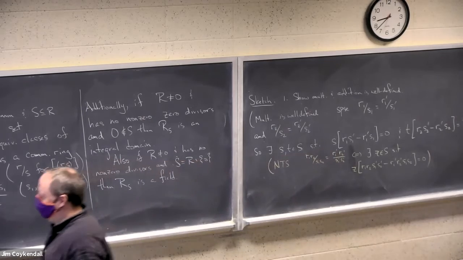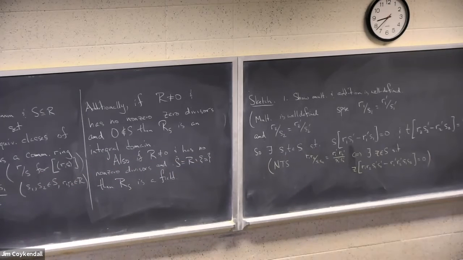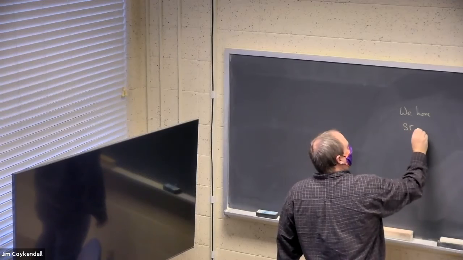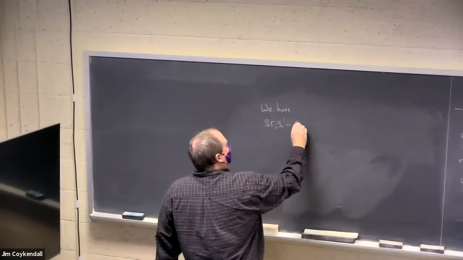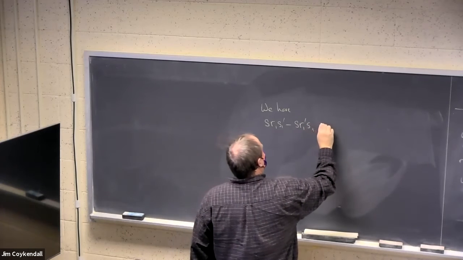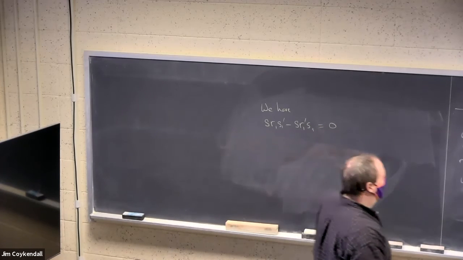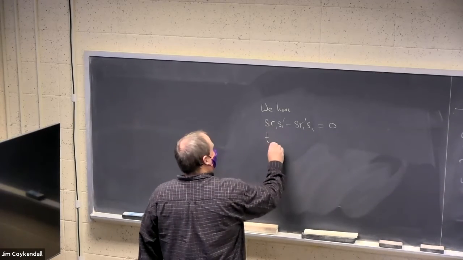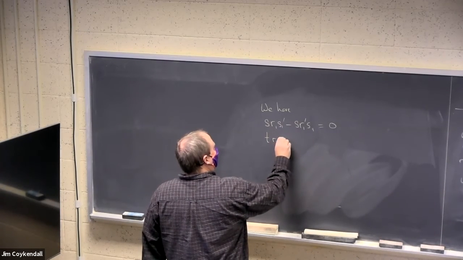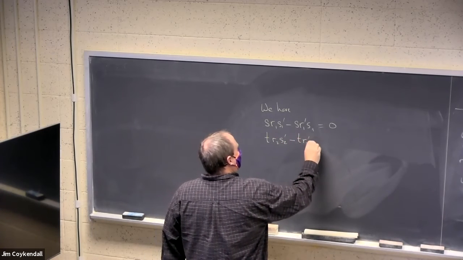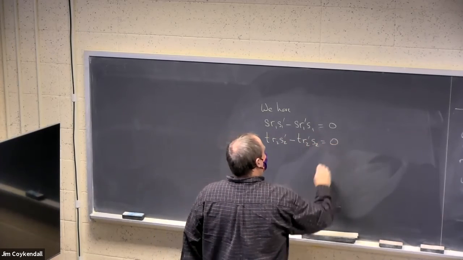Well, notice that we have s r1 s1 prime minus s r1 prime s1 equals 0, multiplying this first one out, and t r2 s2 prime minus t r2 prime s2 is 0.